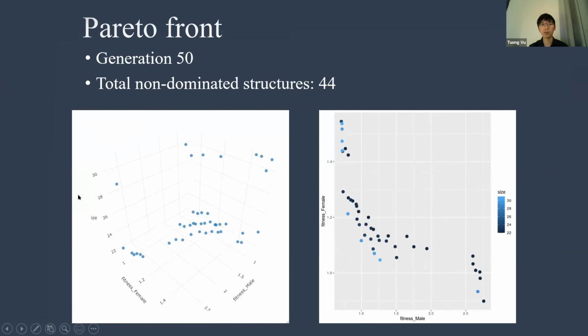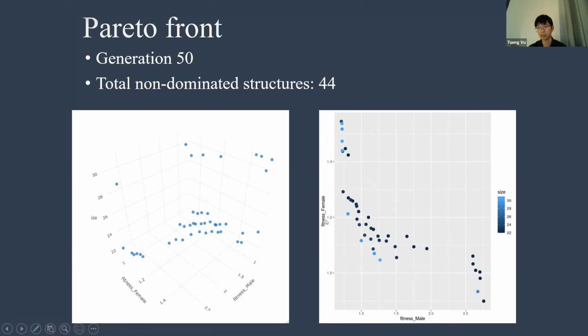Looking at the Pareto front in the last generation, the 50th, we have 44 structures. Because we have 3 objectives, I plotted in 3D. You have fitness of male as X, fitness of female as Y, and then the complexity is Z. And here I map the 3D into a 2D graph. And you see that they have a trade-off between male and female.